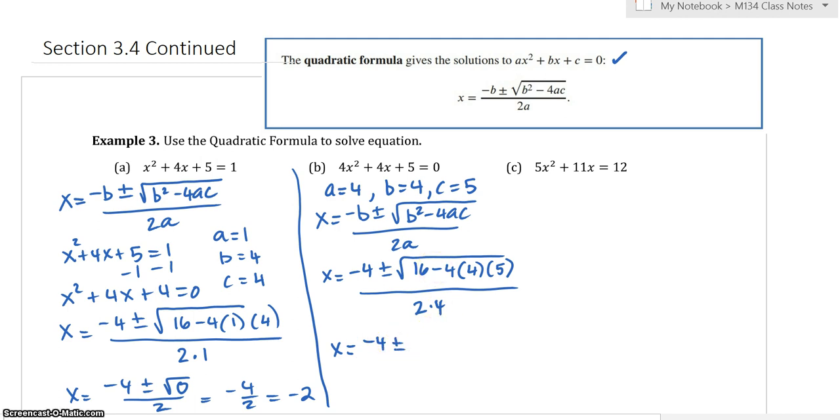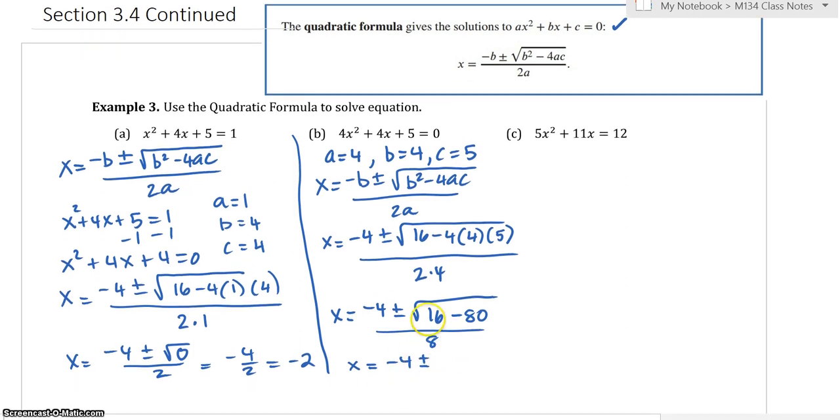If you look at the inside, you're going to see that you're going to get a negative number. So let's do that. 16 times 5 is 80. And this is 8. But my real point is, let's move this down a little bit so I have more room. 16 minus 80 is negative 64.